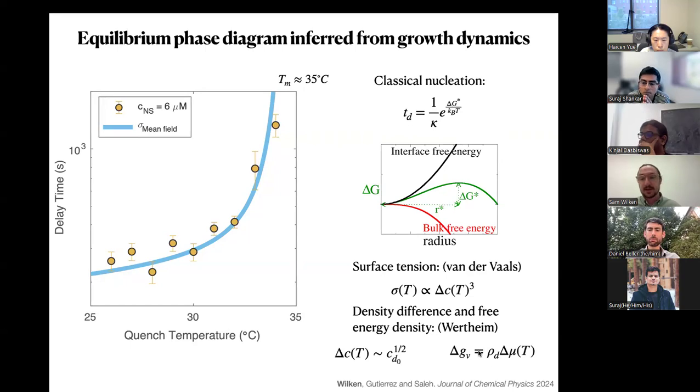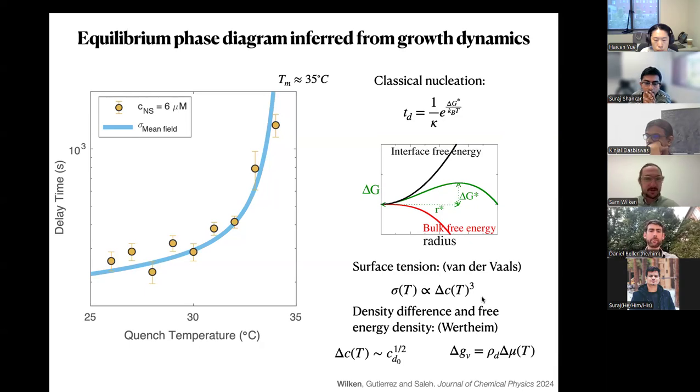So we can use that to evaluate the free energy density and the difference in concentration as a function of temperature, which can then give us an estimate of the surface tension. Then we get a functional form for the delay time, and we see that it fits pretty nicely, assuming a mean field form of the surface tension.